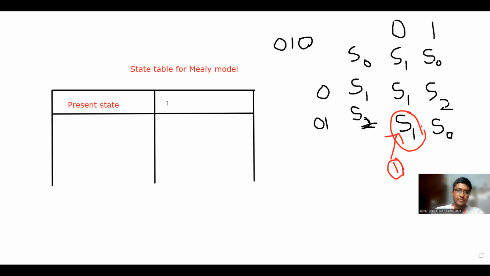And the next column is next state, comma, output. So here there are two cases: if the input is 0 and if the input is 1. So the states are S0, S1 and S2.